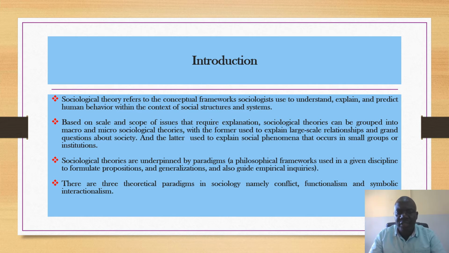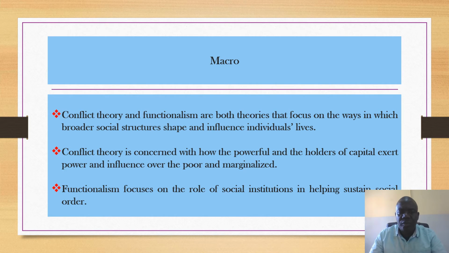With that understanding in mind, I now want us to look at the similarities and differences between conflict and functionalist theories. We want to begin by discussing some of the similarities first, then we shall move to the differences.